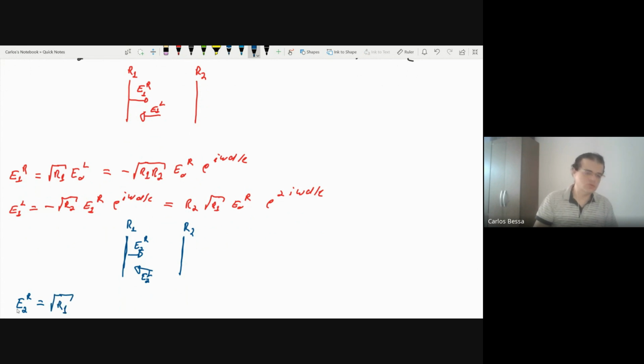So it's square root R1, E1 left. That's this part. And using this E1 left, we'll find that this will be R1 R2, E0 right, exponential twice i omega d over c. You see that this will be increasing, right?